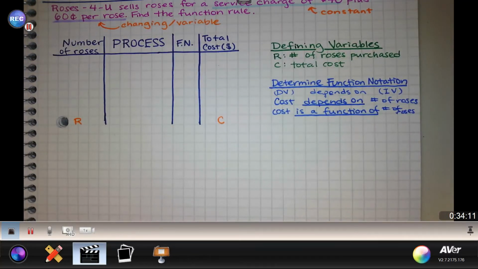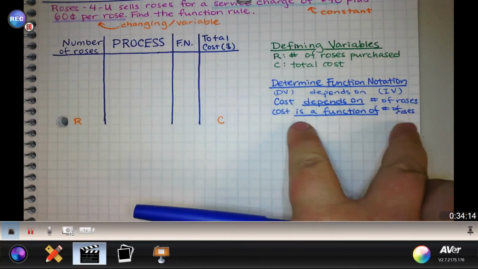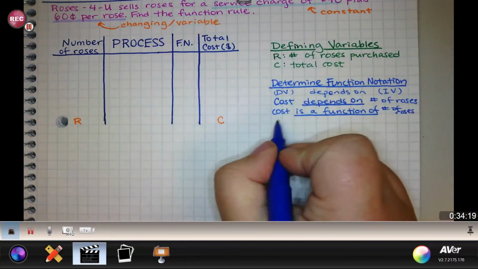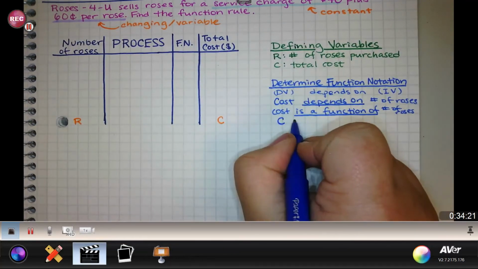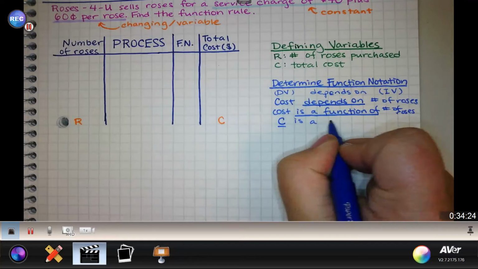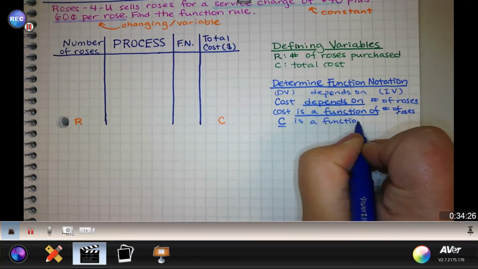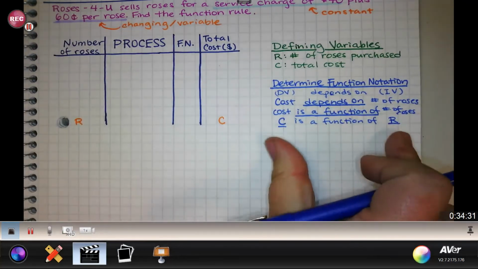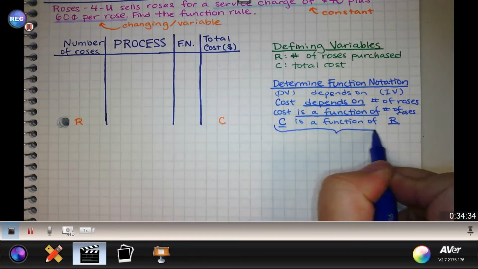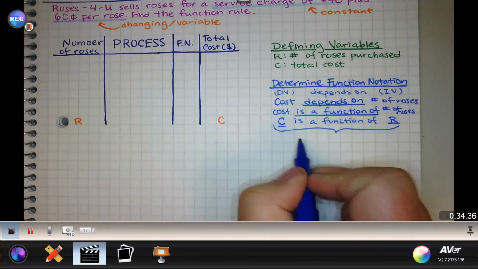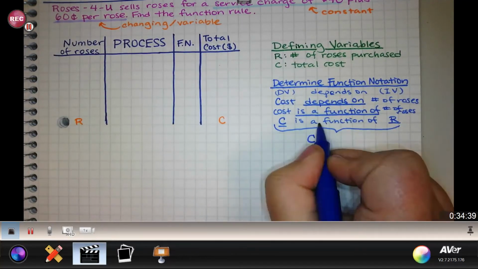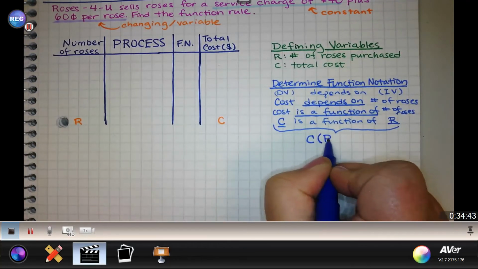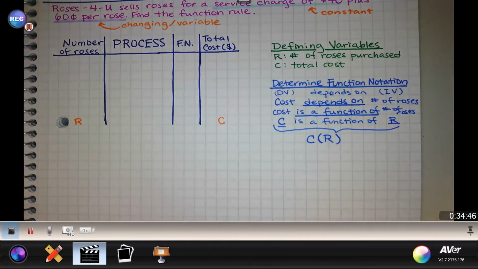Then what I'm going to do is replace these two things with variables. And I already have the variables because I defined them up here. So cost is C, is a function of R. Once it's like this, it's actually really easy because now we just write C of R, and remember, the R is in parentheses.